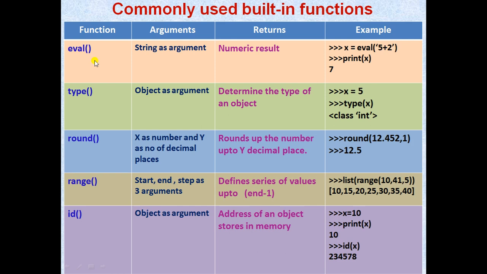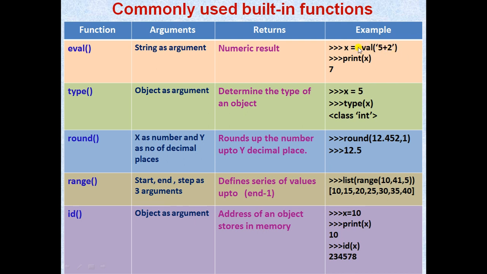Several other common built-in functions are also there, like eval. eval is mainly used to evaluate a string as a numeric calculation. Suppose we have a string 5 plus 2. Generally, when we add these as strings, we get 52.